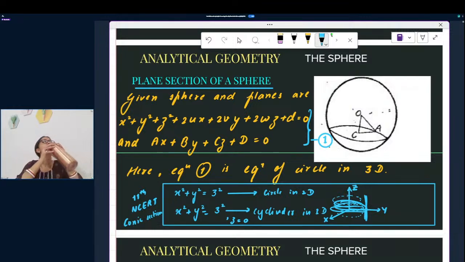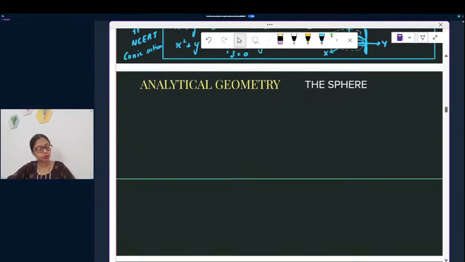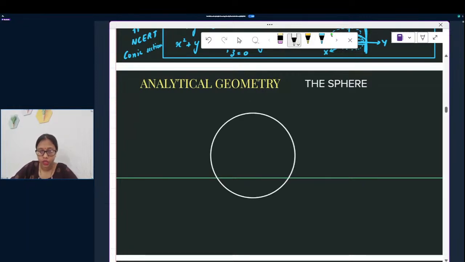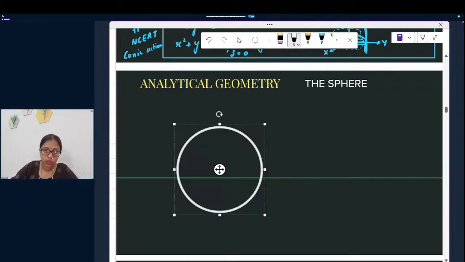One more concept. So let us imagine that that's your sphere and that is the plane.